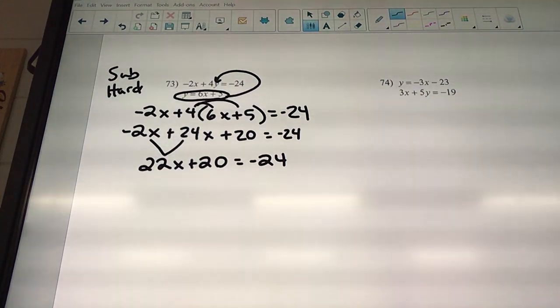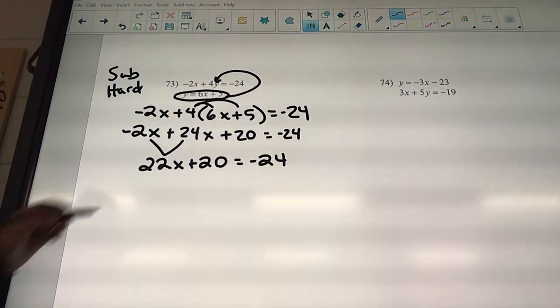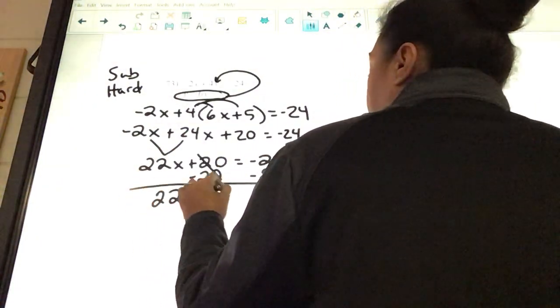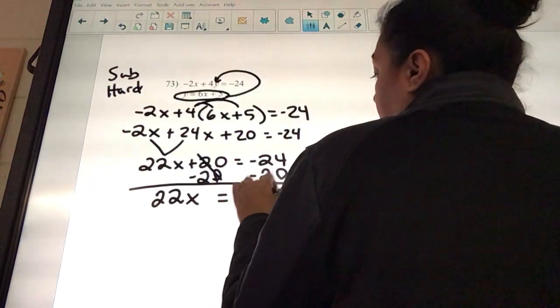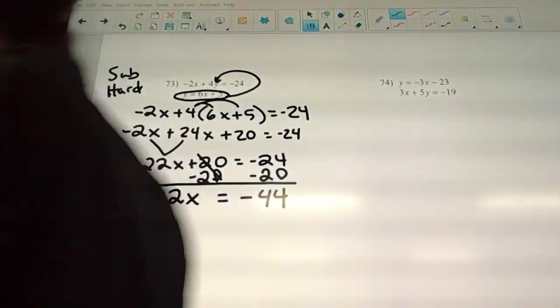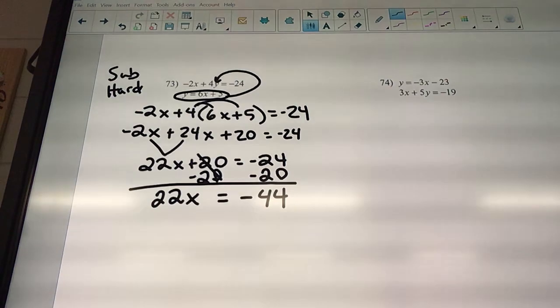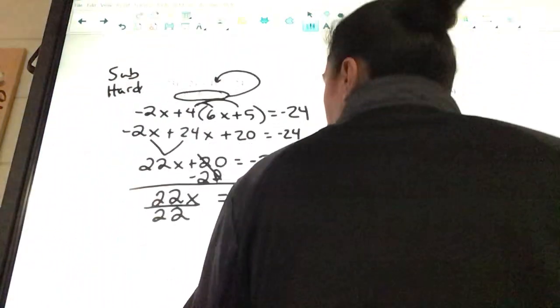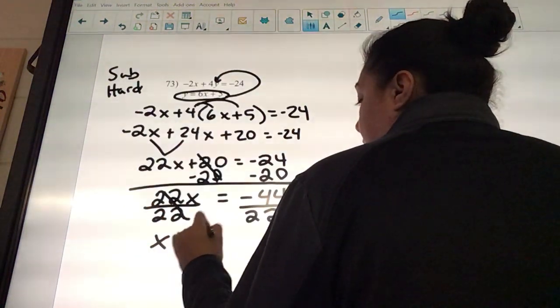We're going to move our third wheel, which is the 20. And then we're going to break up that couple, AKA, in this case, divide. So we get x equals -2.